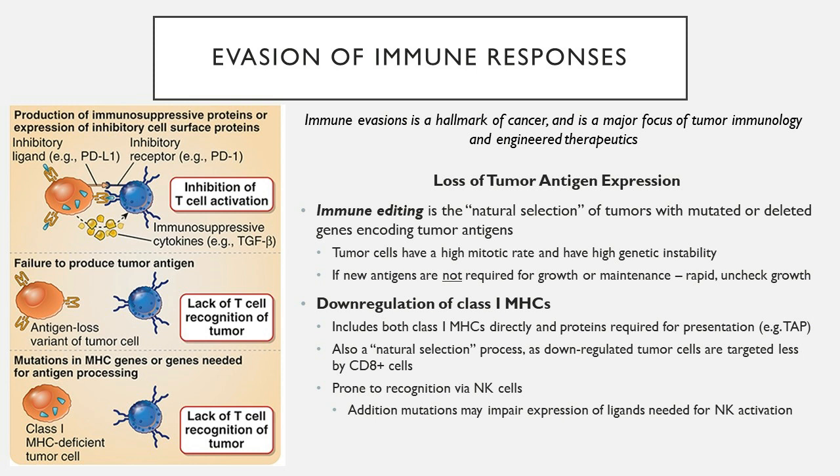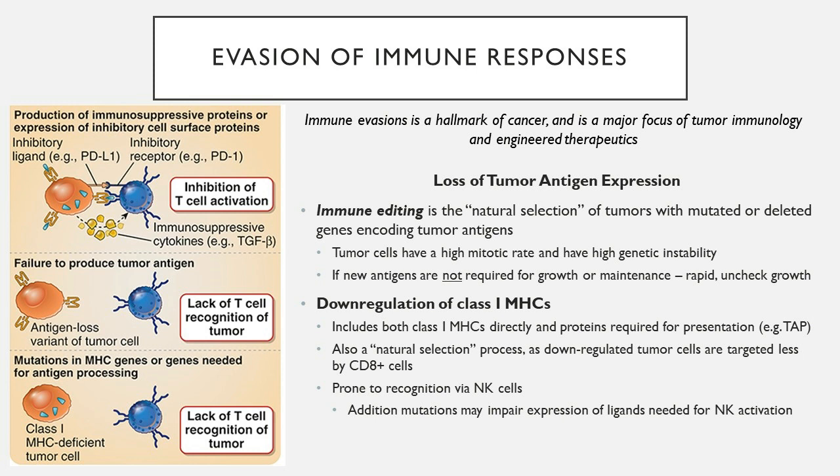The second form of this type of evasion has to do with the downregulation of processes related to class 1 MHCs. This includes both the direct downregulation of class 1 MHCs themselves and indirectly, of proteins required for the presentation of antigens through class 1 MHCs, such as the protein TAP, which we learned about in the antigen presentation to T cells chapter.